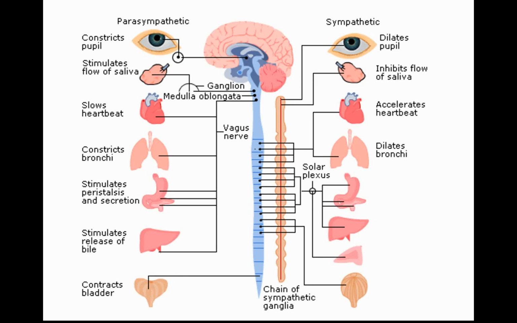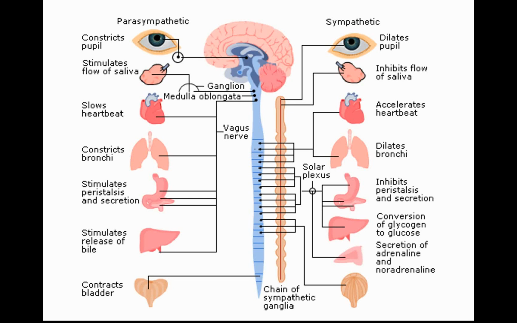Accelerating your heartbeat, dilating the bronchi, remembering, allowing more air to get into your lungs, allowing easier ventilation. Inhibit peristalsis and secretion, so again toning down, switching off digestion, but increasing the activity of the liver in terms of breaking down glycogen stores into glucose, so providing glucose for respiration, for a time of activity.